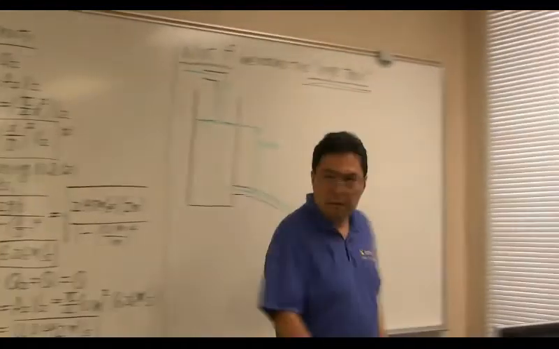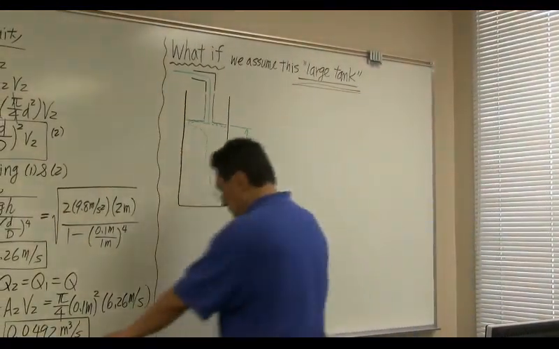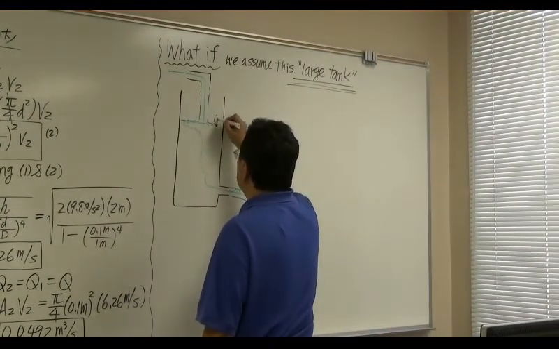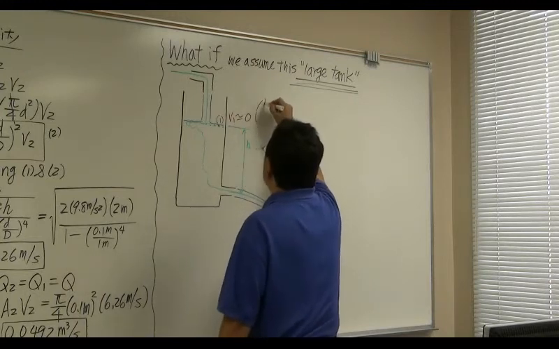That's typically how a large tank behaves. If this is a huge tank, it behaves like this. Okay? So if so, this location is location 1. V1 is approximately 0. This is the large tank assumption.